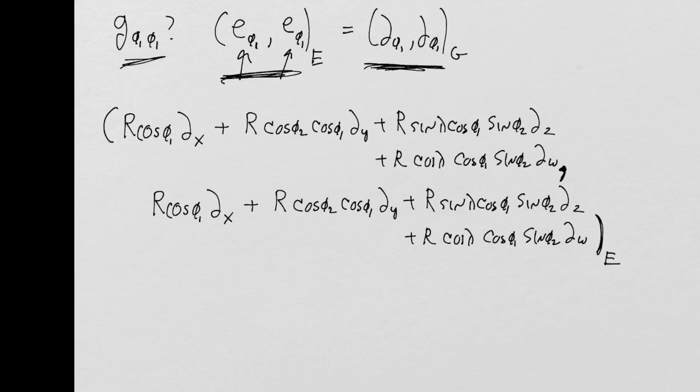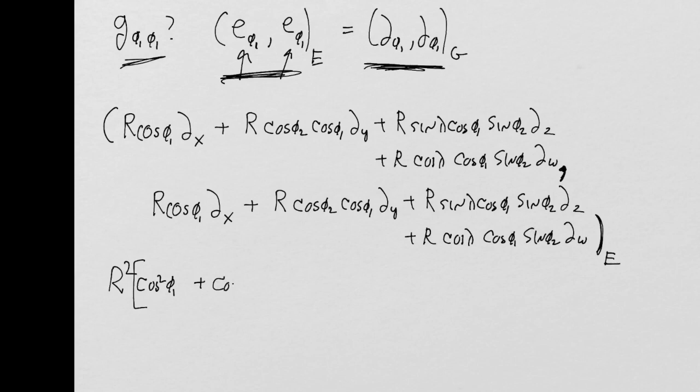Now I take the inner product of this with this using linearity, and knowing that all the cross terms are 0, because the inner product of this with this and this will all be 0. The only ones that survive are the diagonal ones. So the answer is going to be r squared cosine squared phi 1 plus, actually everything's going to have an r squared, so I'm just going to pull that out.